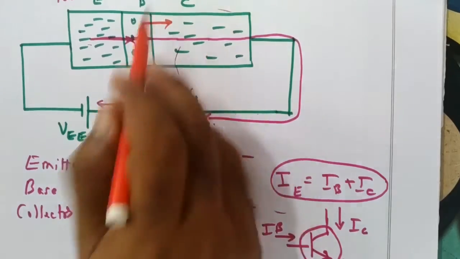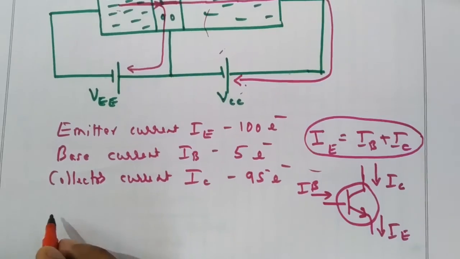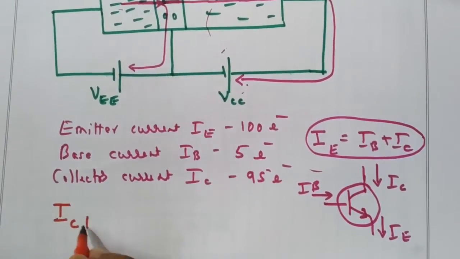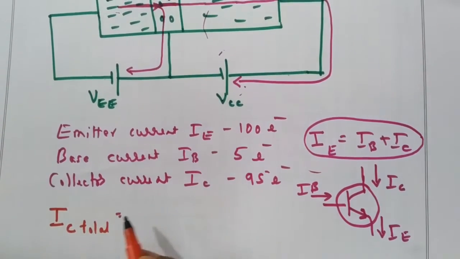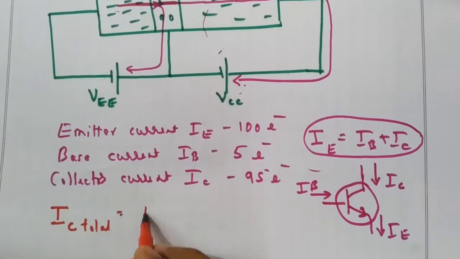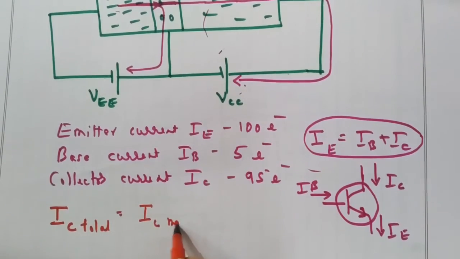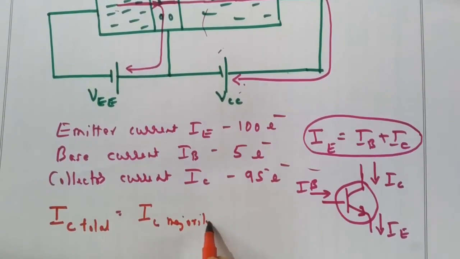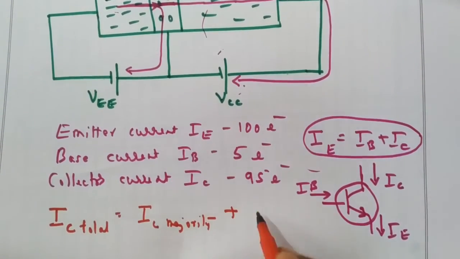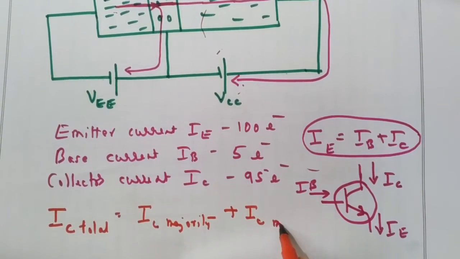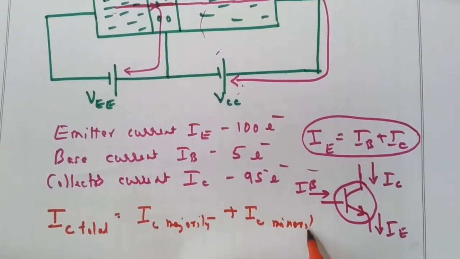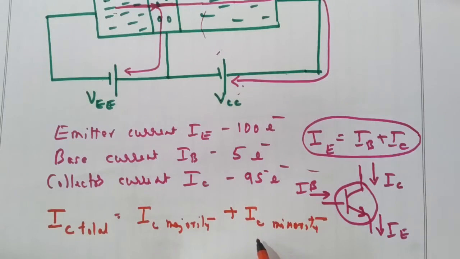So the total collector current will be now IC total, that is equal to IC due to majority charge carriers plus IC due to minority charge carriers. And this minority charge carrier current is called reverse saturation current.